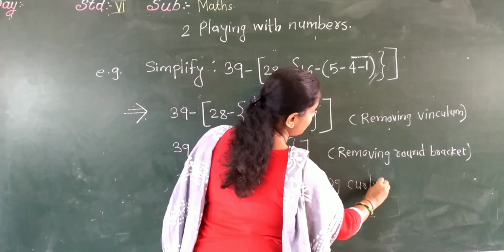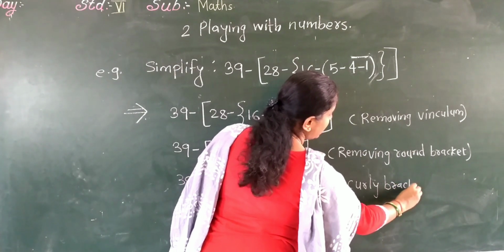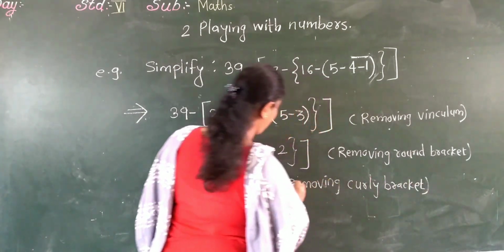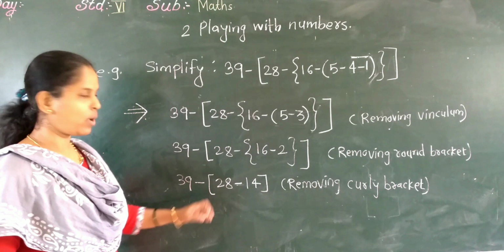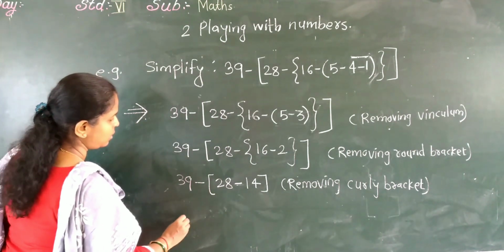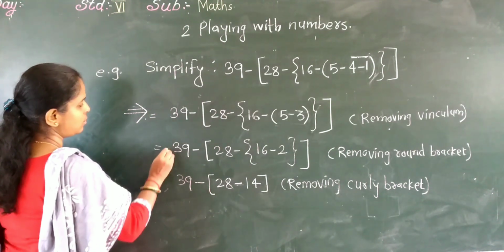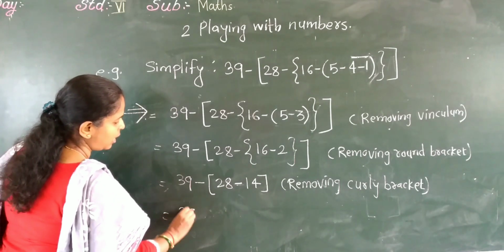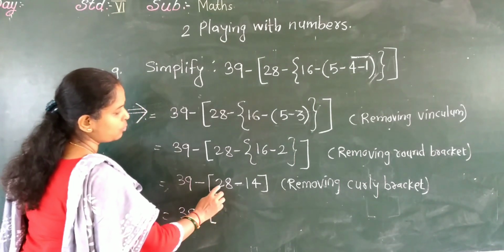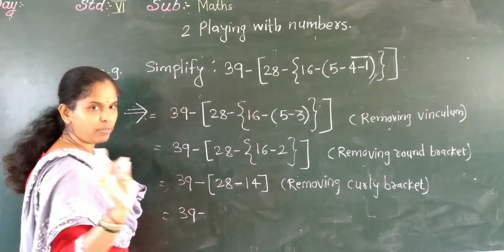Okay. Now which operation do we have to carry out last? That of the square bracket. So that is 39 minus, 28 minus 14 is 14. Now this square bracket we don't have to write.